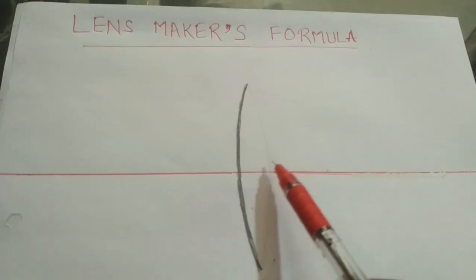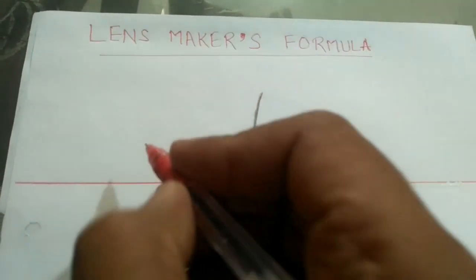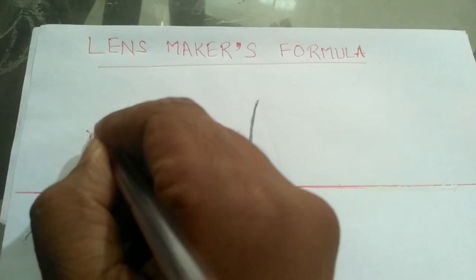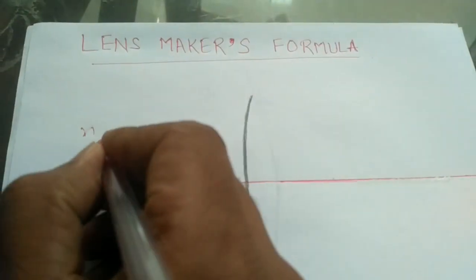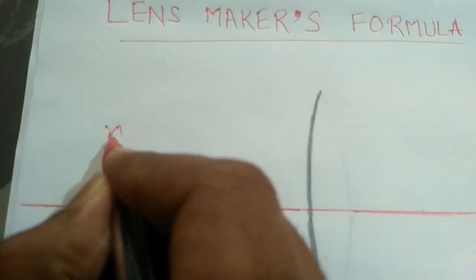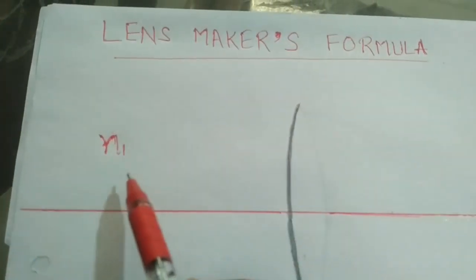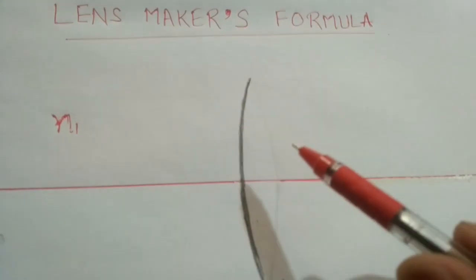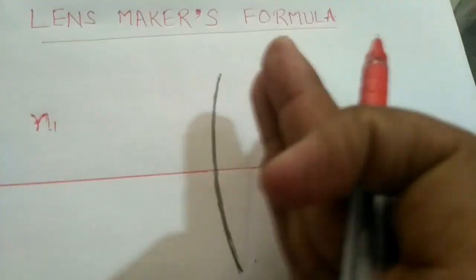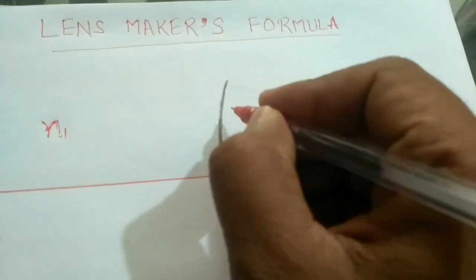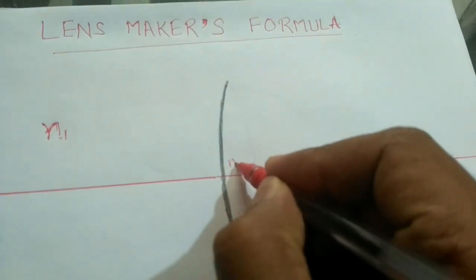On removing the second surface, consider this side as having refractive index n1, you can consider it as air, and the other side as having refractive index n2.